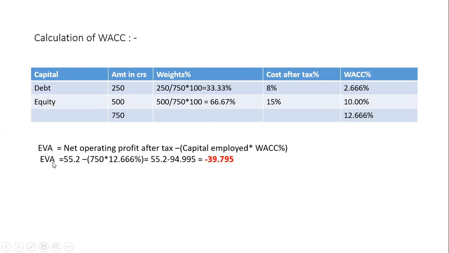EVA is the difference between the income after tax and the cost of funds. If EVA is negative, that means it is eroding the wealth of shareholders. I hope you have understood. Is it clear to all of you?